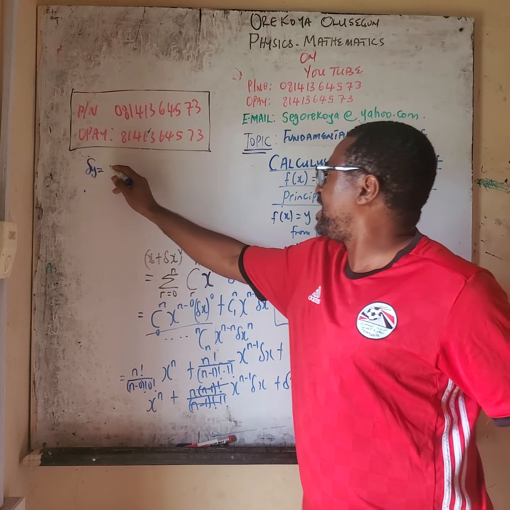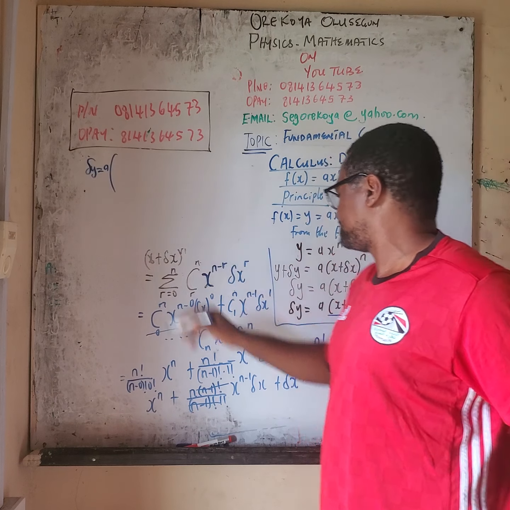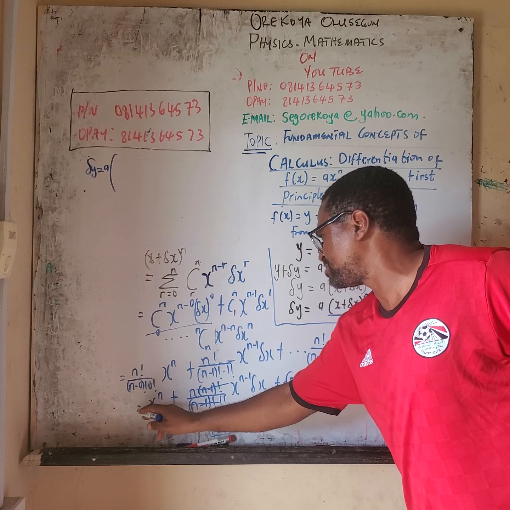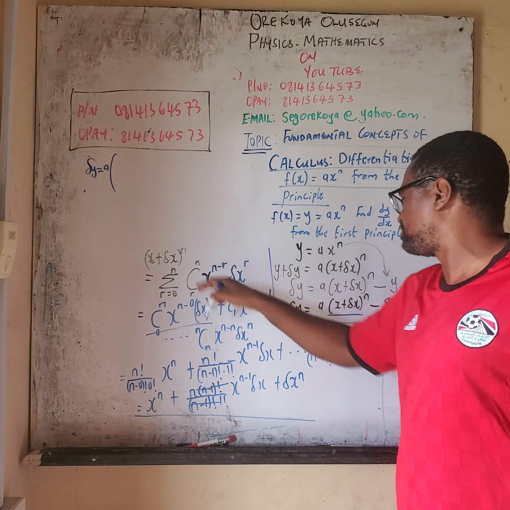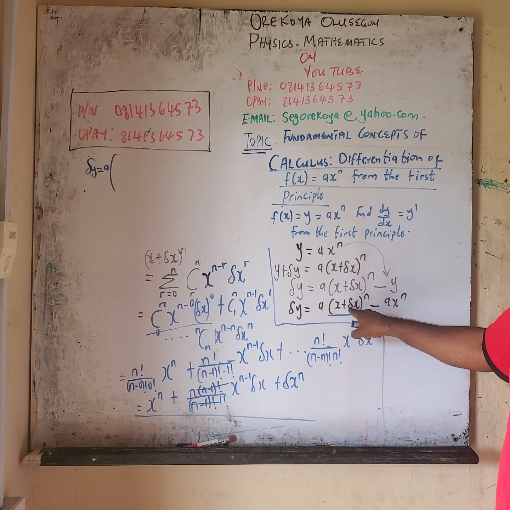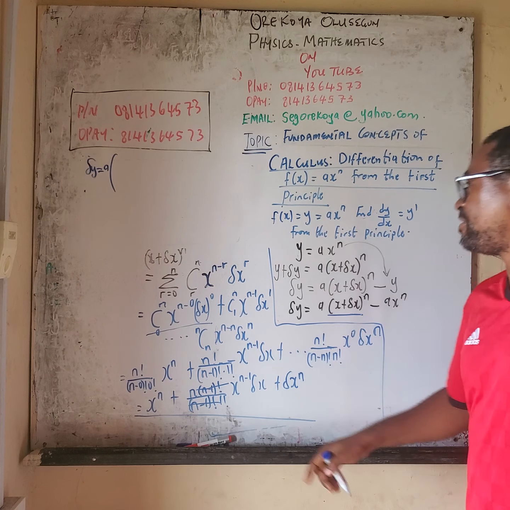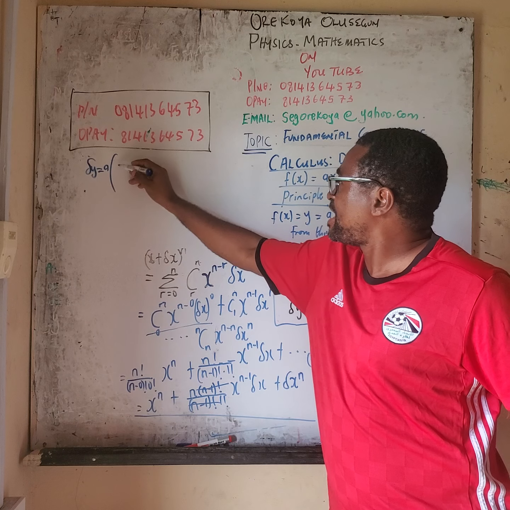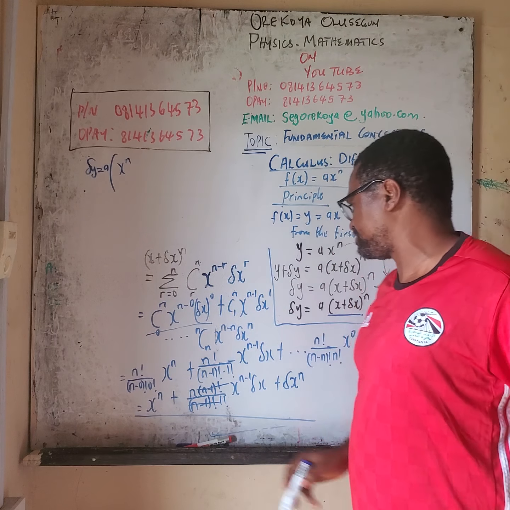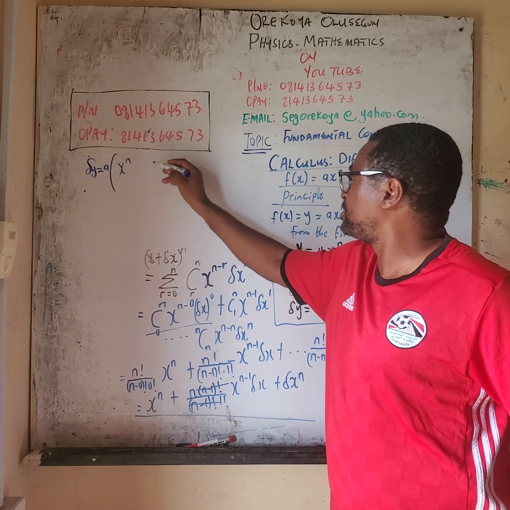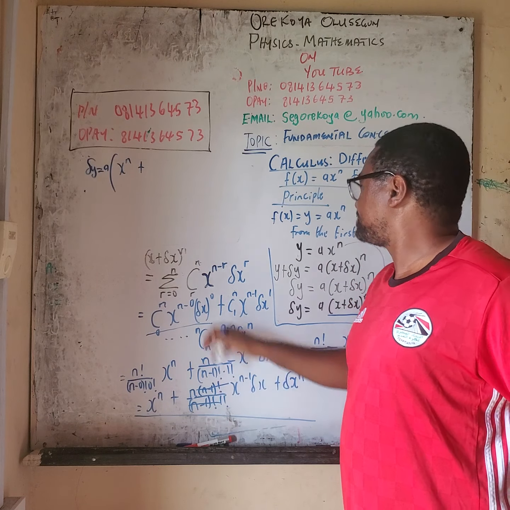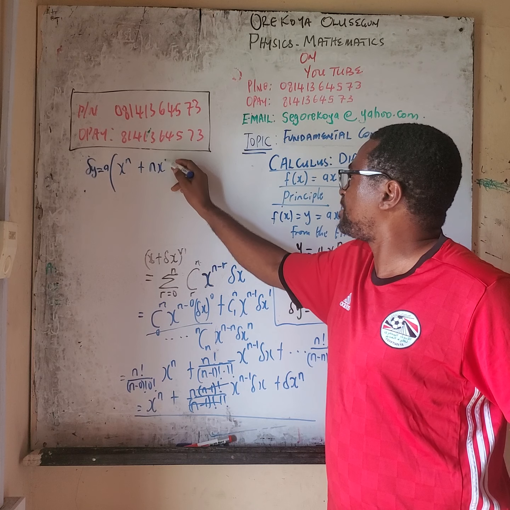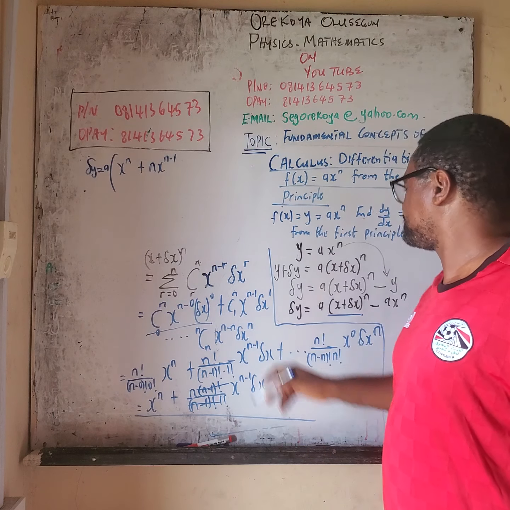as a times everything that I just obtained for x plus delta x raised to power n, which is what I have here. So this a times everything, and everything I have here is what I have down. So times x raised to power n plus n x raised to power n minus 1.